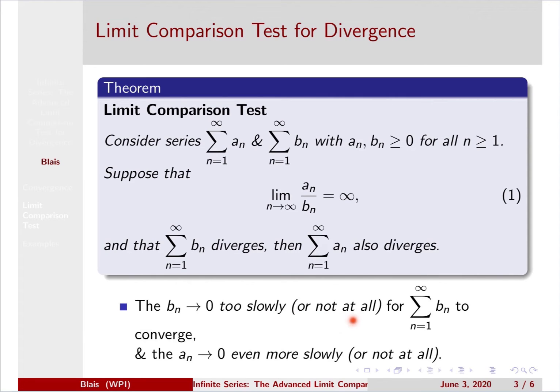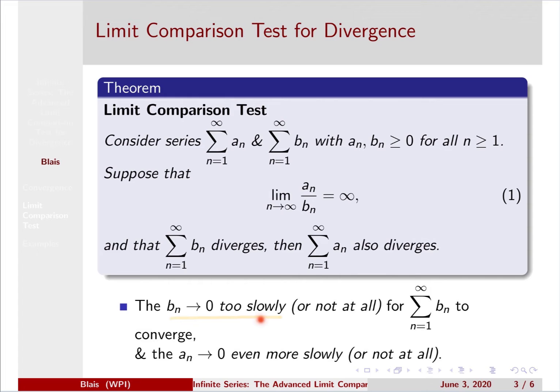Think like the nth term test. One of these two is the case. For the context of this test, it will be more intuitive if we focus on the case where the b sub n go to zero too slowly. That's going to be the more natural way to think of this.